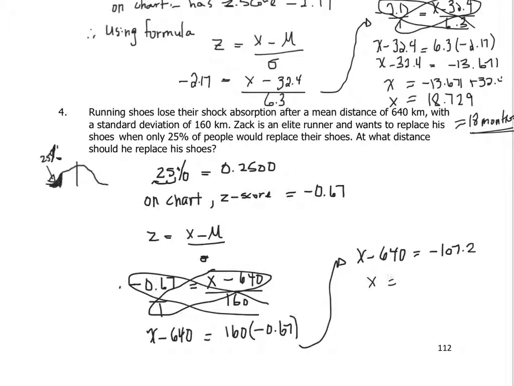So x would be negative 107.2 plus 640, which would be 532.8. And that would be in kilometers. So most people would wait till 640 kilometers, but Zach, being an elite runner, would replace his after 532.8 kilometers.